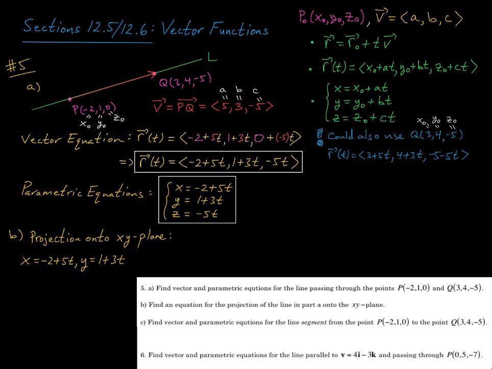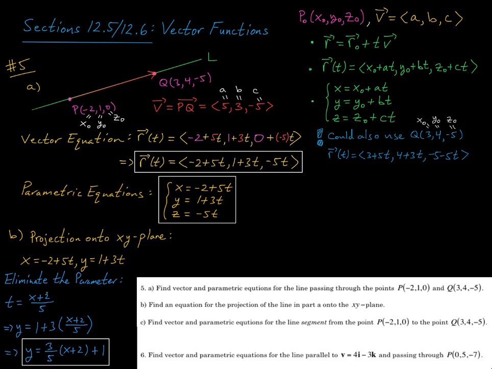So just pay attention to what's going on with the x and the y coordinates. So here x is -2 plus 5t and y is 1 plus 3t. Okay, and since it says find an equation, let's go ahead and eliminate the parameter. And so using the x equation, t is x plus 2 over 5. And I'm going to plug that in for t in the equation for y, and then rewrite a bit, and I get y is equal to 3/5 times the quantity x plus 2 plus 1 as an equation that describes the projection of our line in part A onto the xy plane.